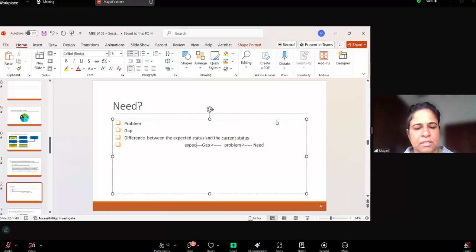Expected versus actual, right? So now get this chain of events. We call this the chain of events that defines our needs as individuals.